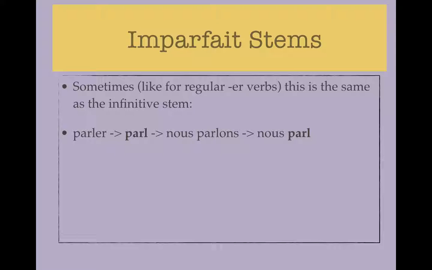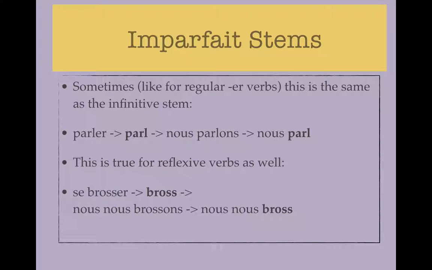Sometimes this is just how it works out. In reflexive verbs, this is also true. For all of those reflexive ER verbs, it doesn't matter that it's reflexive. If we have se brosser, and we drop our ER to find our stem, well, then our present tense is nous brossons. We drop our ONS, and our stem is still bross-.